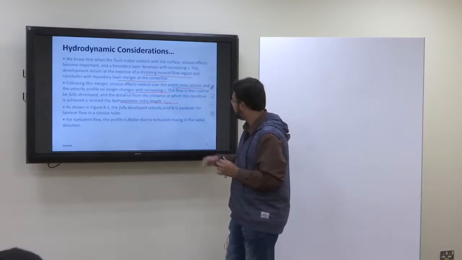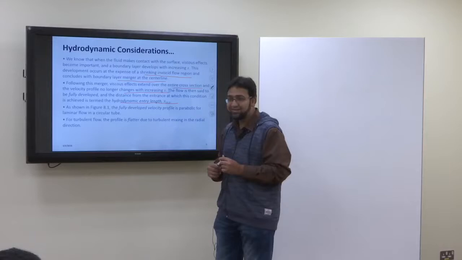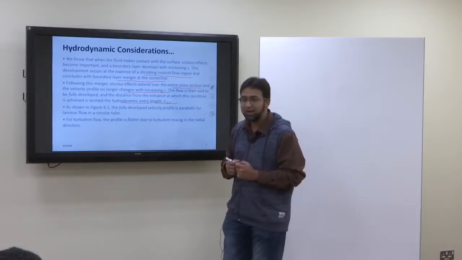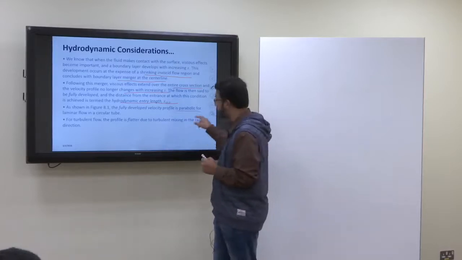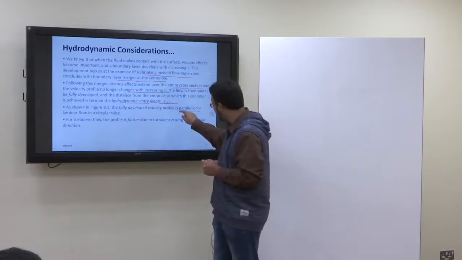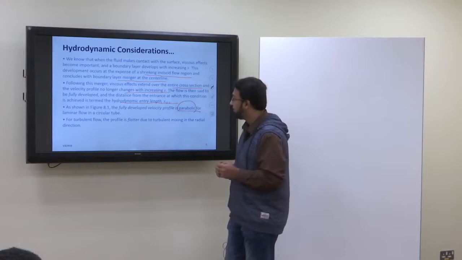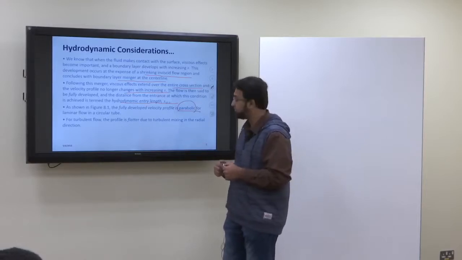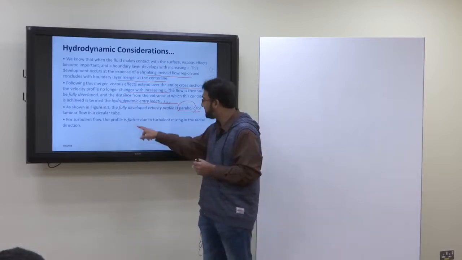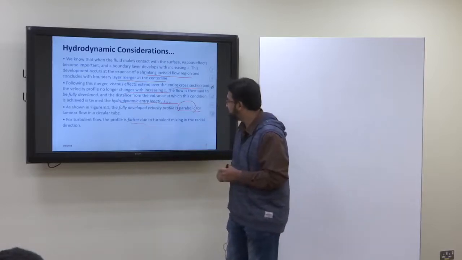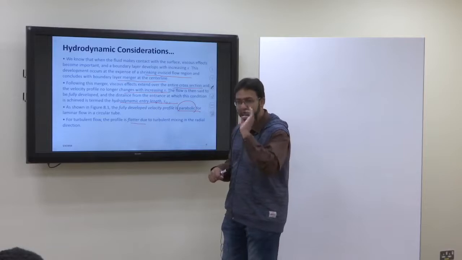As shown in the figure, what is the shape of the velocity profile? Parabolic. We should remember it is parabolic for laminar flow in a circular tube. For turbulent flow, the profile is flatter due to turbulent mixing, so it's not a perfect parabola.